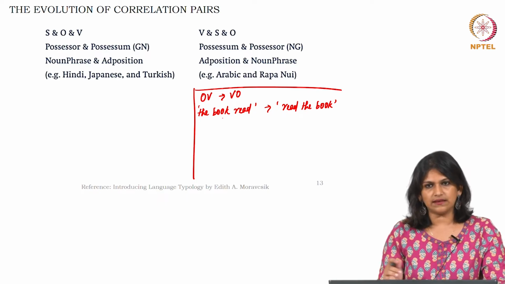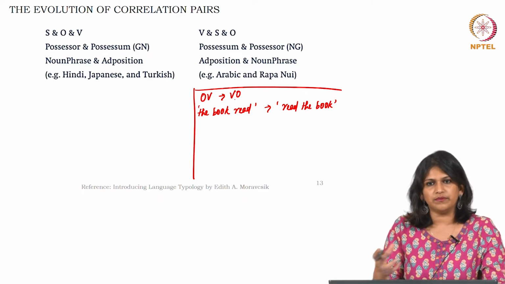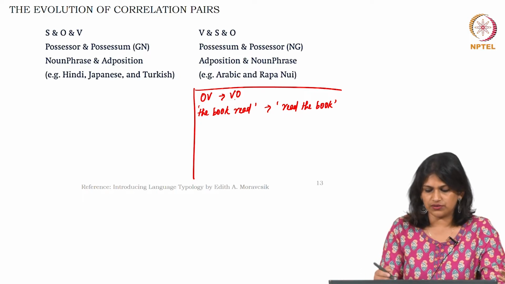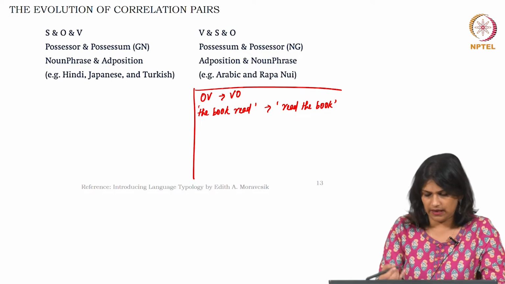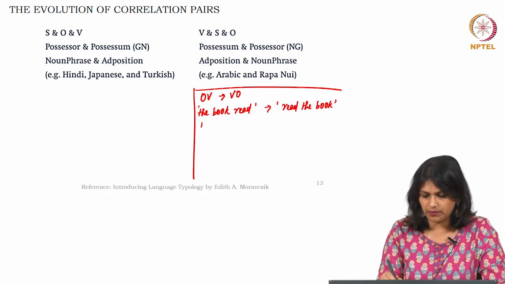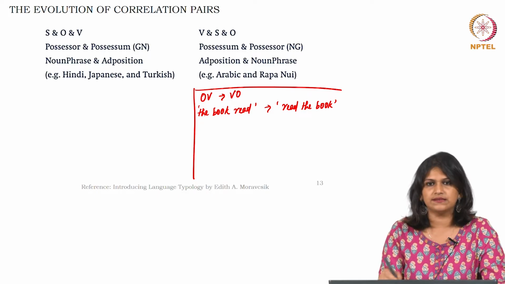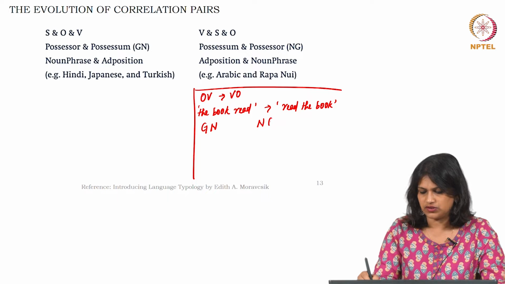So, when this kind of change happens, we also see the possessor possessum relation also changes. In case of OV, one way you have the book of the boy. So, let me write it as GN and NG. So, this is GN, this is NG.